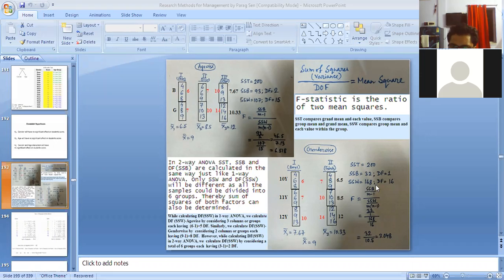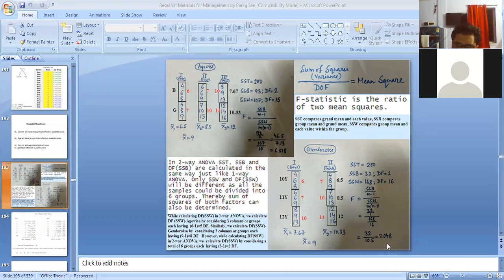You will compare the two variances, sum of square between divided by sum of square within. Ultimately the F score you will get is equal to 3.048.